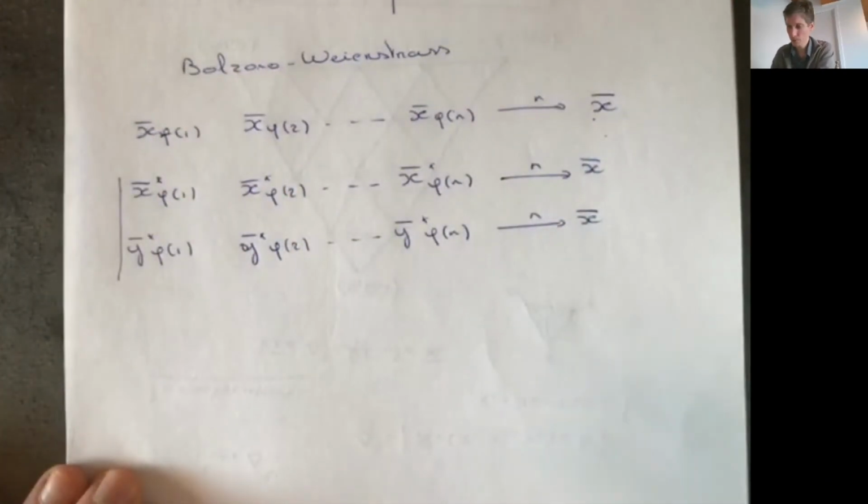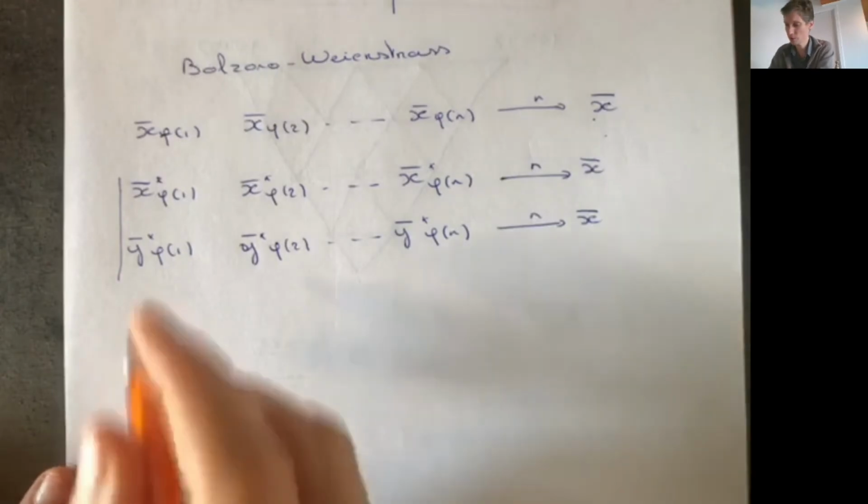Now we're almost done. We use a last property of Kakutani's fixed point theorem that we haven't used before, which is upper hemicontinuity.